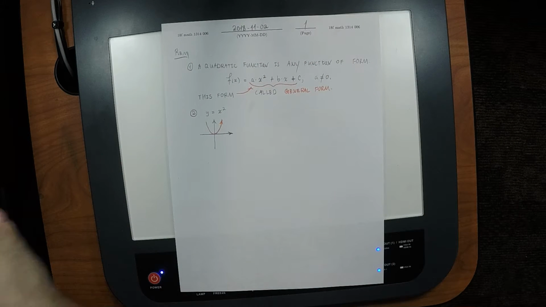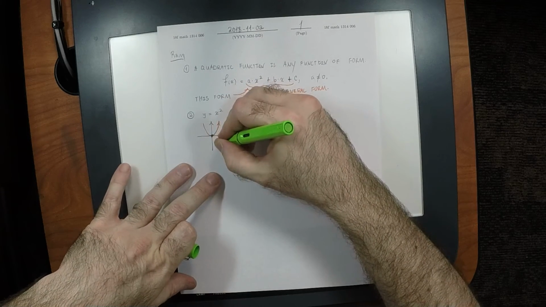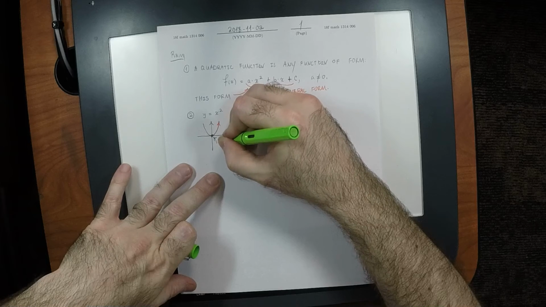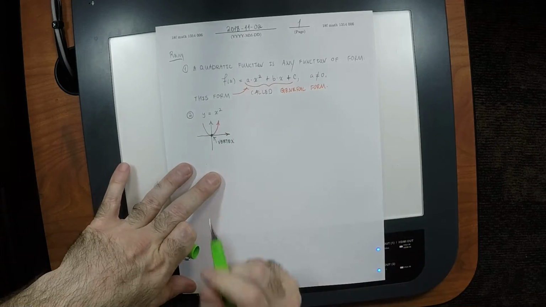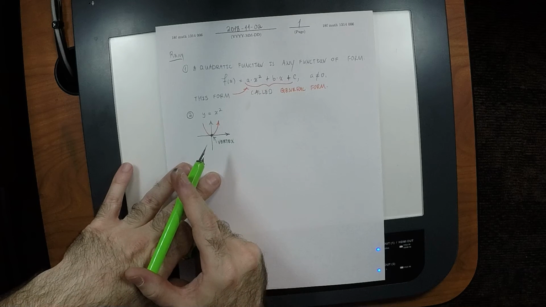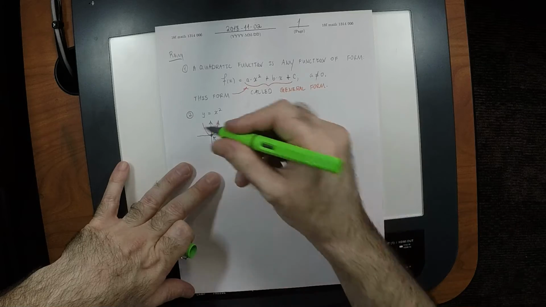And this point at the bottom is so important that we single it out with a name. Its name is the vertex. And what are the coordinates of the standard quadratic's vertex? 0, 0, right?